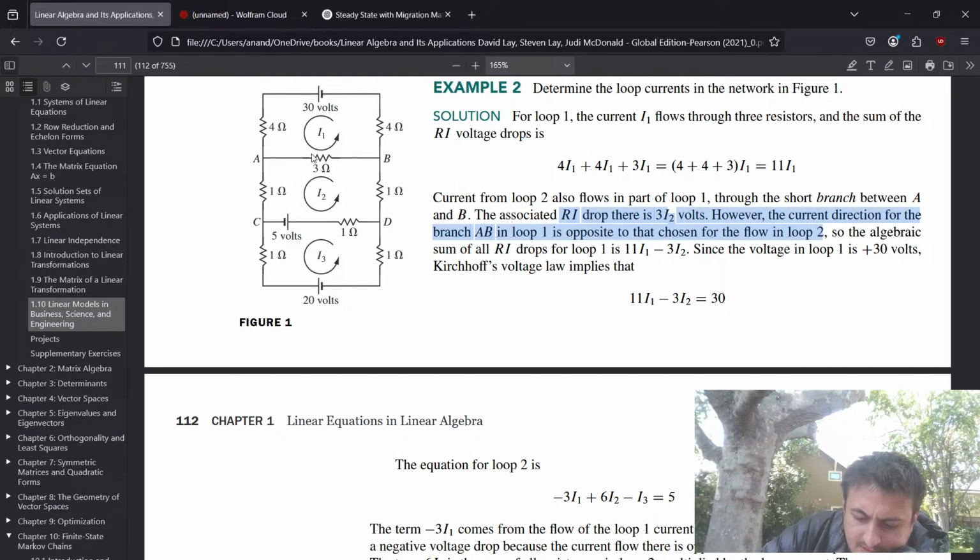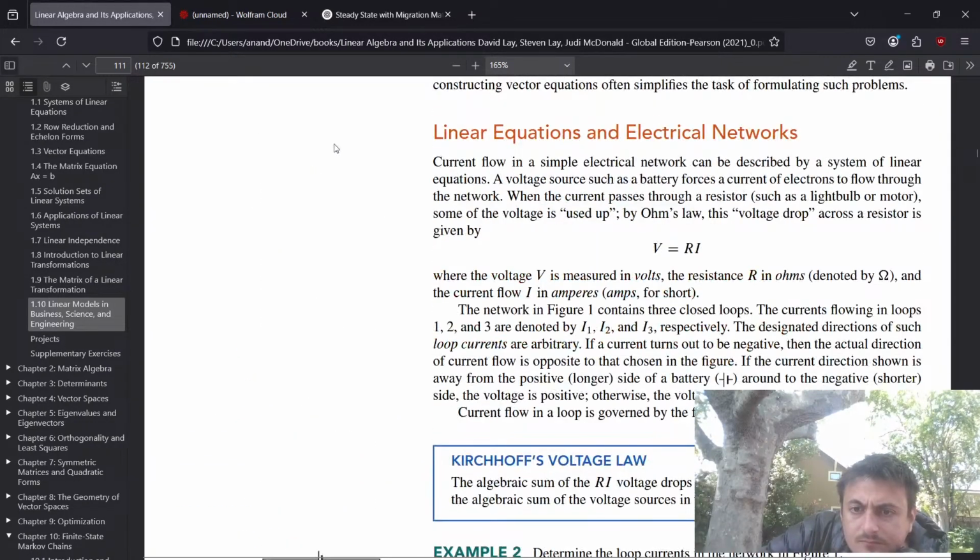Okay, so the designated directions of such loop currents are arbitrary. That's why I feel like my equations might be right, even though I did sums on everything.